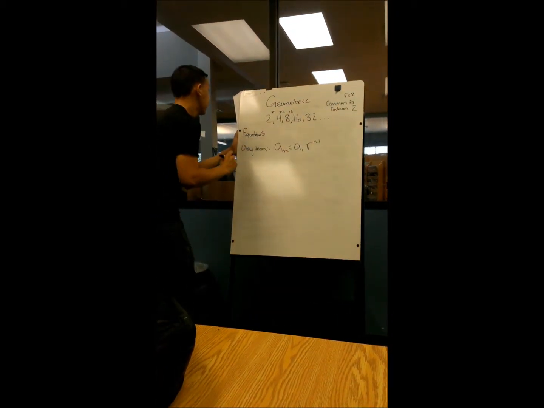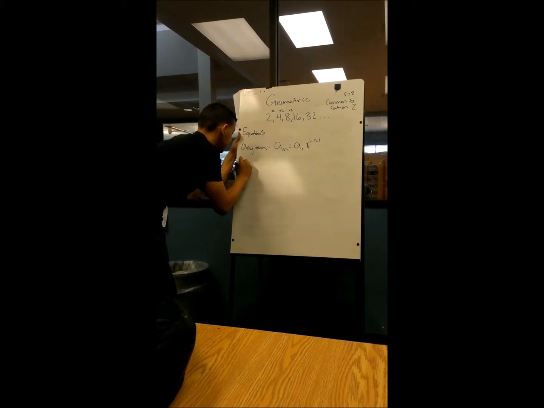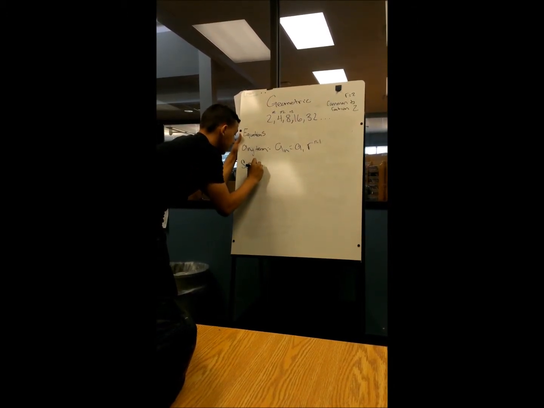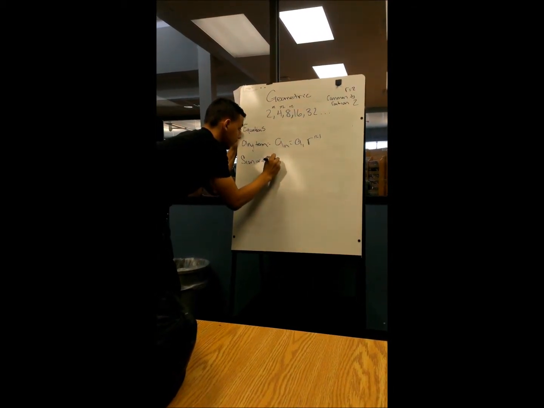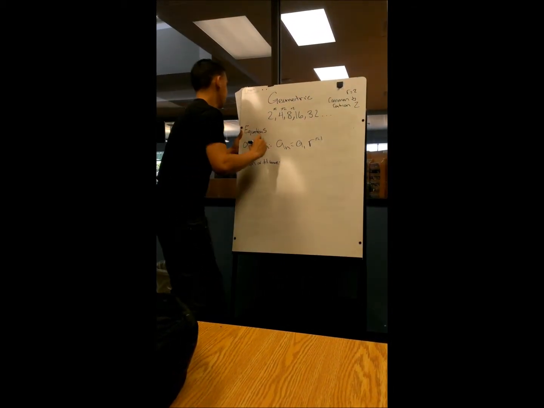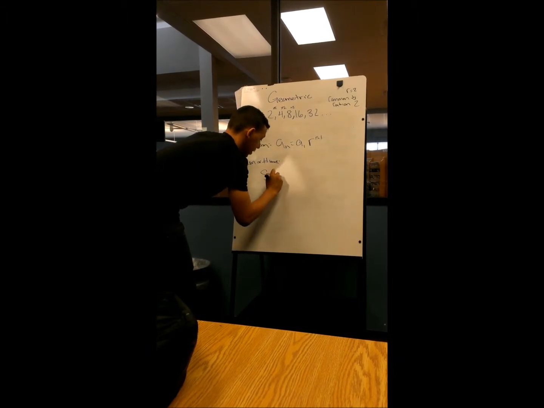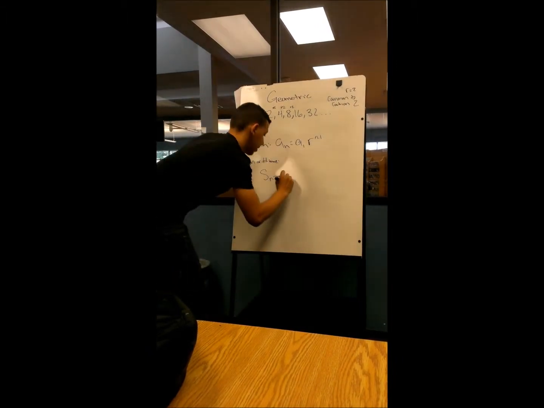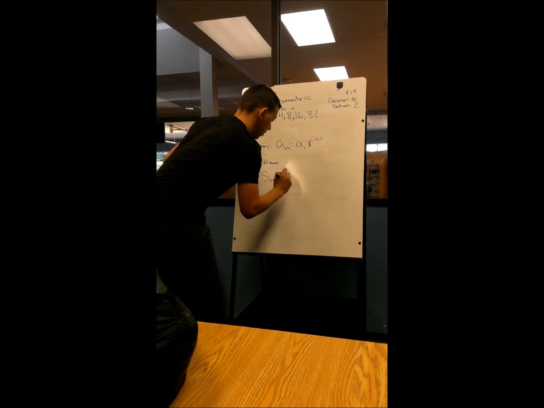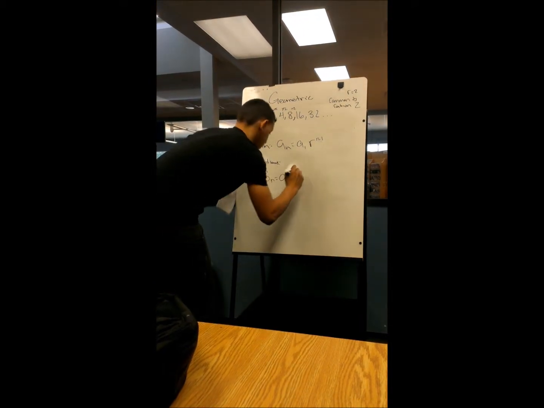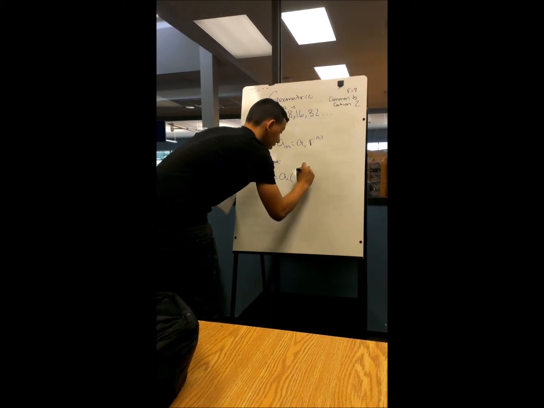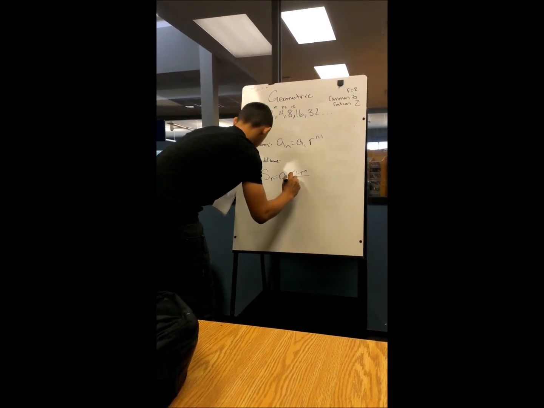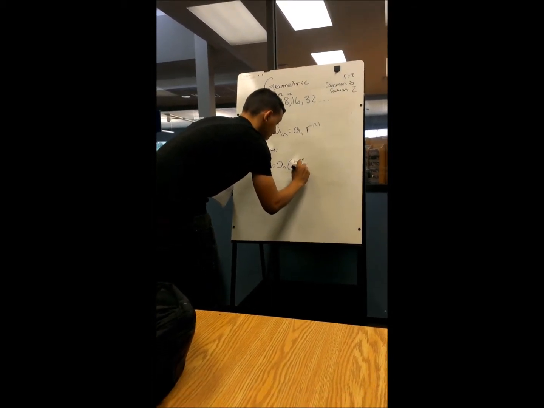And to find the sum, Sn remains the same, and then first term times 1 minus the common ratio to the n, over 1 minus the common ratio.